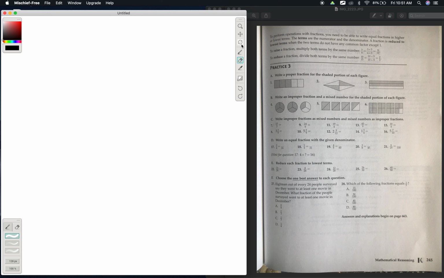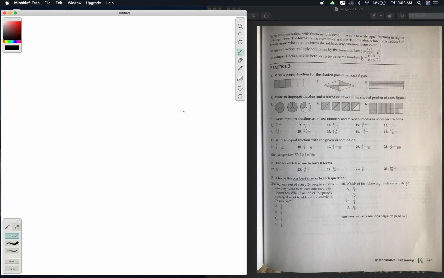Let's see, write an improper fraction and a mixed number for the shaded areas. So an improper fraction for this would be, we have 7 shaded pieces, and to require a whole unit here, you only need 3 pieces.